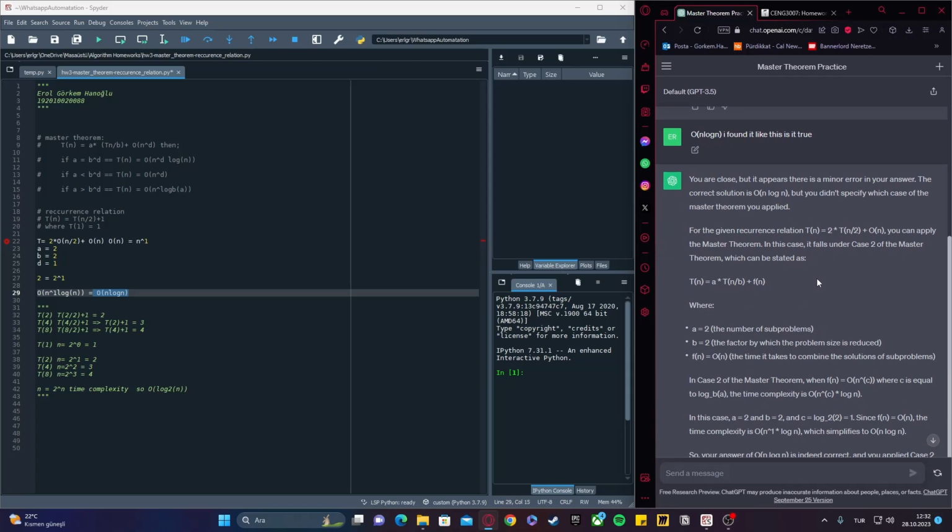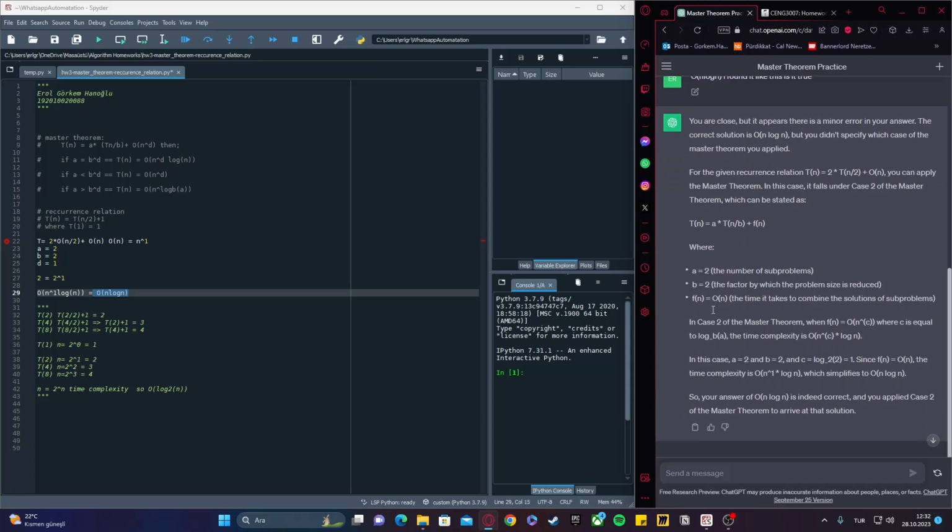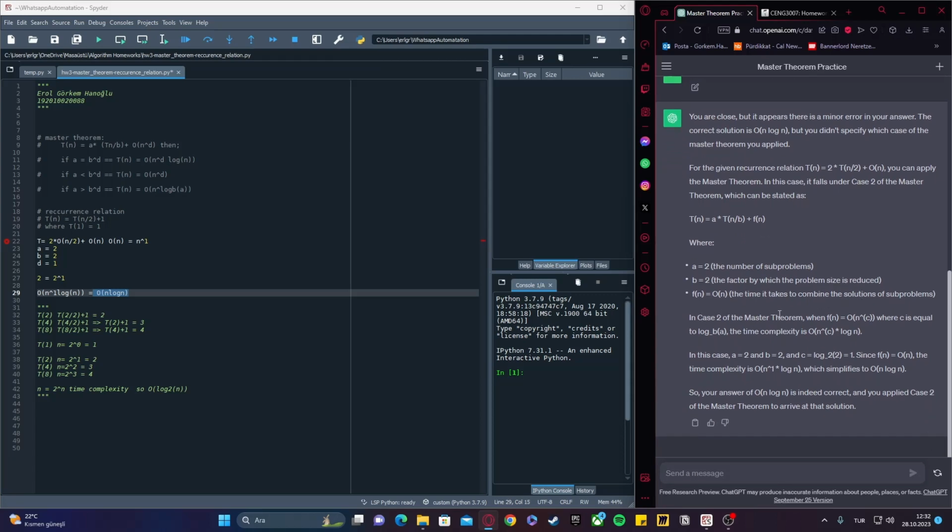The correct solution is n log n, but you didn't specify which case of the master theorem you applied. Actually, I did it, but I didn't write it to ChatGPT.